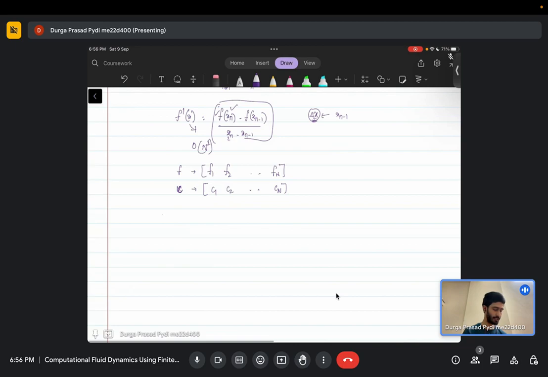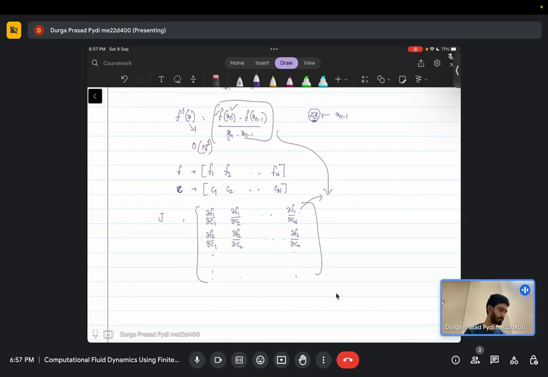To calculate your Jacobian, it's something like del f1 by del c1, del f1 by del c2 and so on. Similarly for the other rows, it is something like this, and each of these elements can be approximated using this.